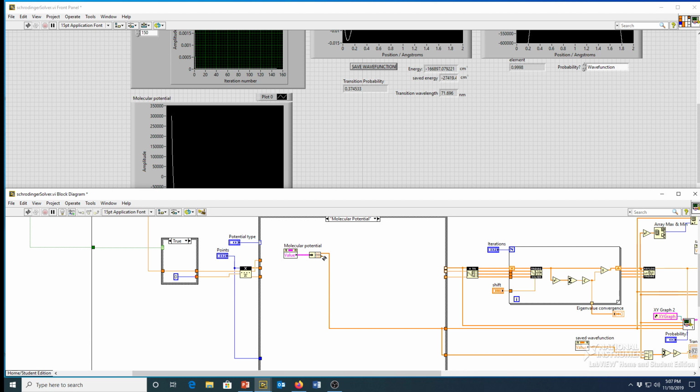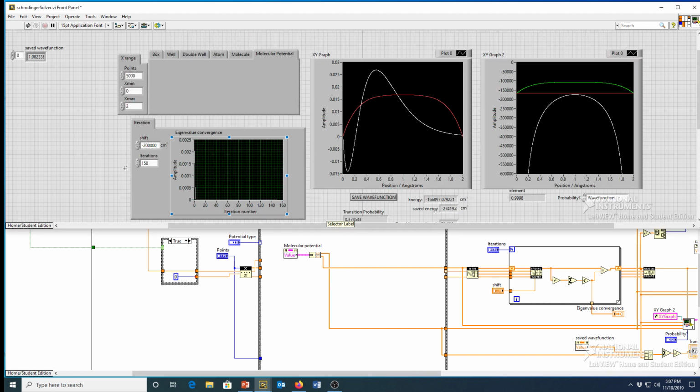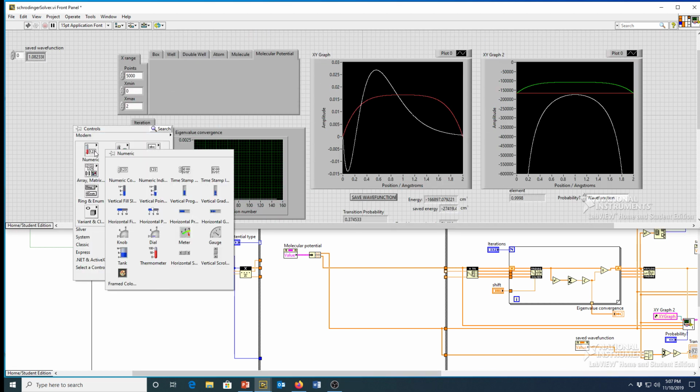And the Y values, we want to make our potential. We've got some more things here. We've got a mass. What will the mass be? Well, we're solving for vibrational frequencies, and so we're going to need the reduced mass of the bond.